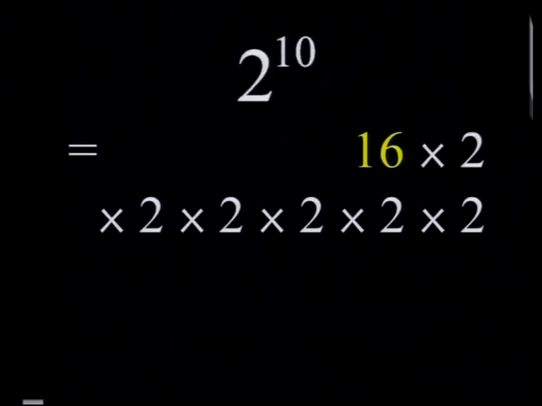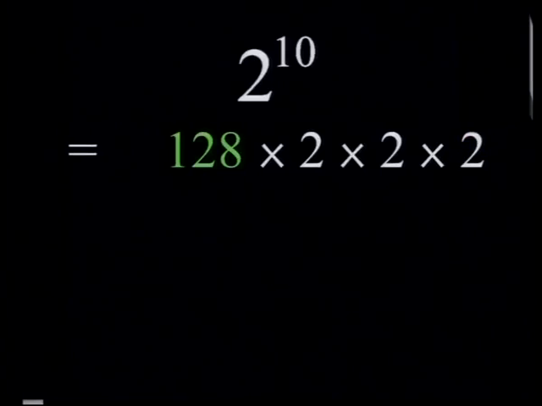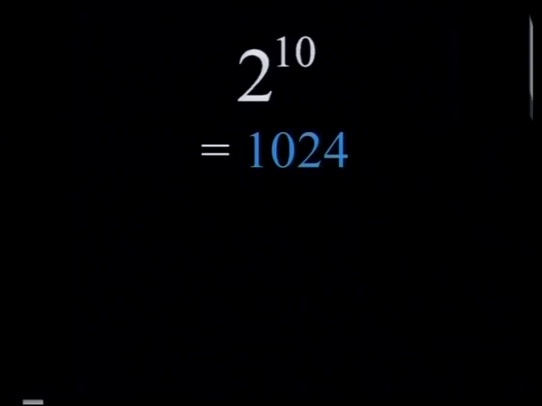So if we continue multiplying by 2 each time, then the sequence will look like this: 32, 64, 128, 256, 512, and our final answer will be 1024.